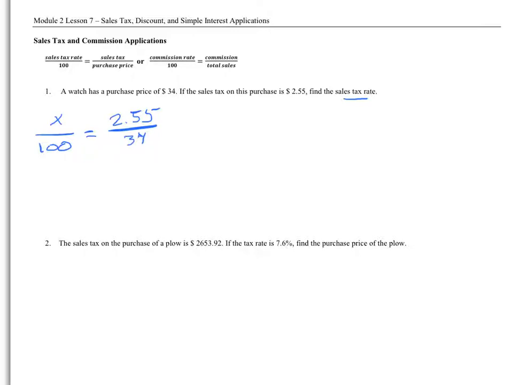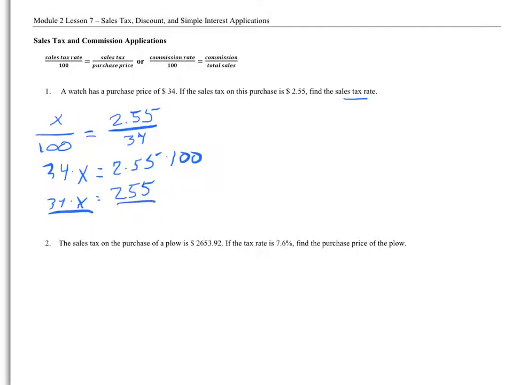$34. Now, again, as we have previously, we use cross products. 34 times x is equal to $2.55 times 100. 34 times x equals 255.